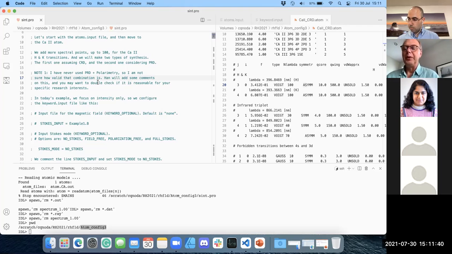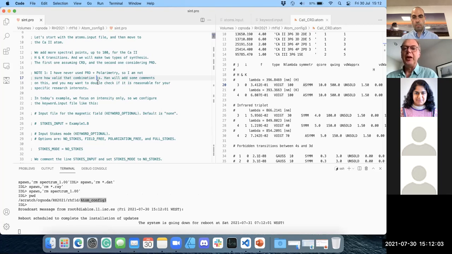The H and K lines share the same upper level as the 8542 and the other triplet lines, so it is important for the populations of those upper levels to treat calcium in PID in the H and K lines, even if you don't use the signal in the lines themselves for the inversion.